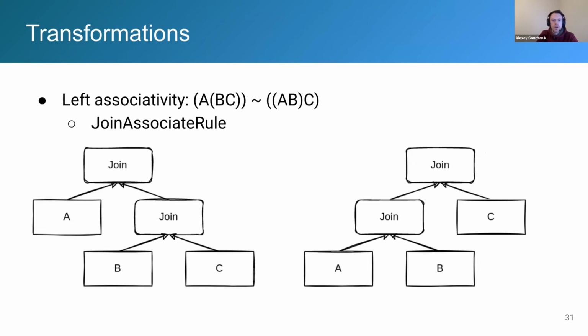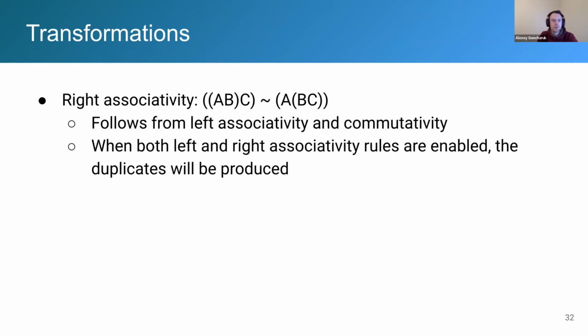Similarly to commutativity, we have left associativity, which does this transformation of a join tree. Since we are currently considering only inner joins, similarly to left associativity, we have right associativity. And it can be shown that those transformations are already, in a certain sense, redundant, because, for example, right associativity can be produced as a sequence of left associativity and commute transformations.